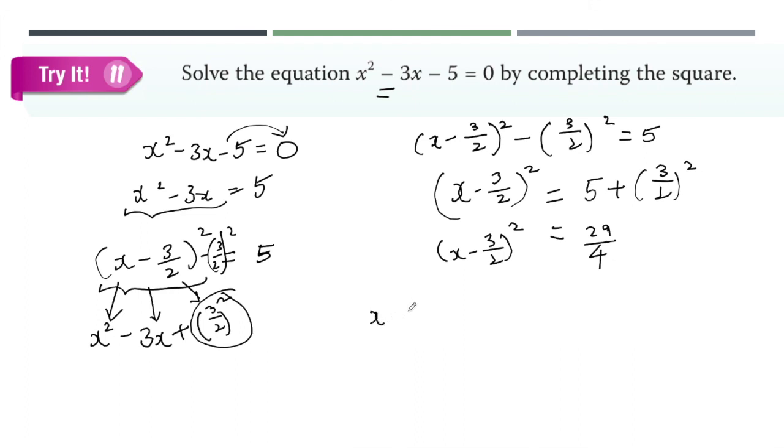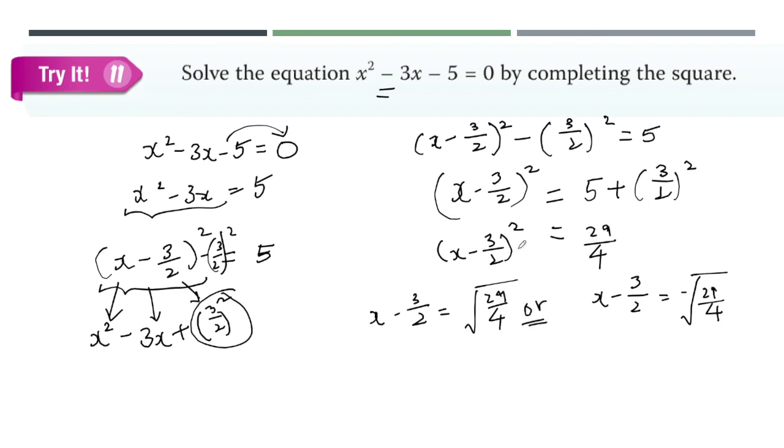So I know that x minus 3 over 2 is equal to positive square root 29 over 4, or don't forget the negative value. There are not always, but most likely two solutions.